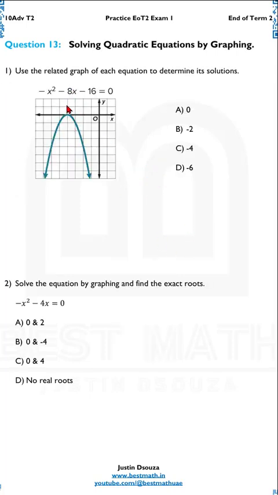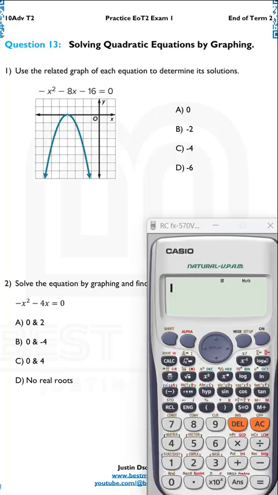What about these problems? Here you can just see it. It's at 1, 2, 3, 4 to the left. That is minus 4. Or let's solve this in the calculator and check the answer as well. You need to press mode 5 for equation, which is quadratics. That's option 3. Let's type in minus 1, the coefficient of x squared. Then we have minus 8, and lastly we have minus 16.